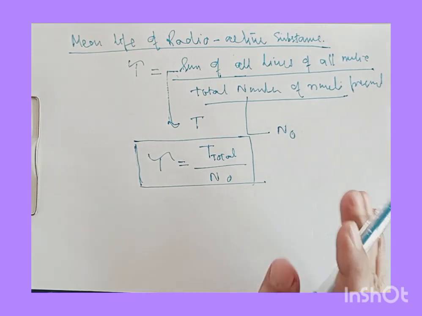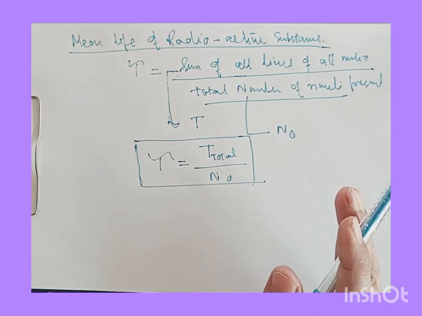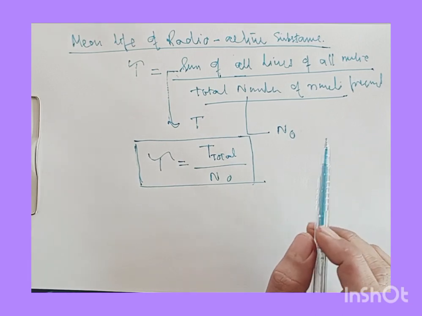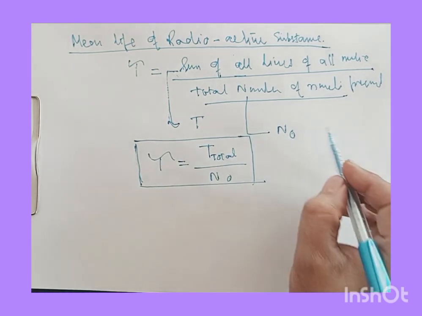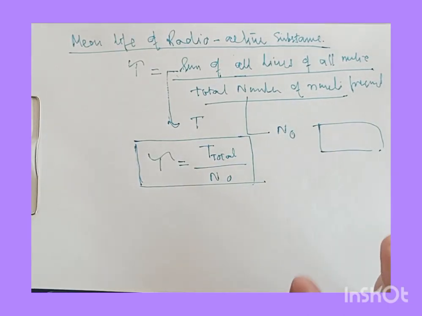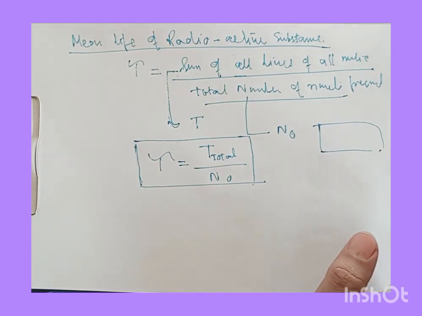In order to calculate the mean life, we take the sum of lives of all the nuclei present in the sample and divide it by the total number of nuclei of that sample.